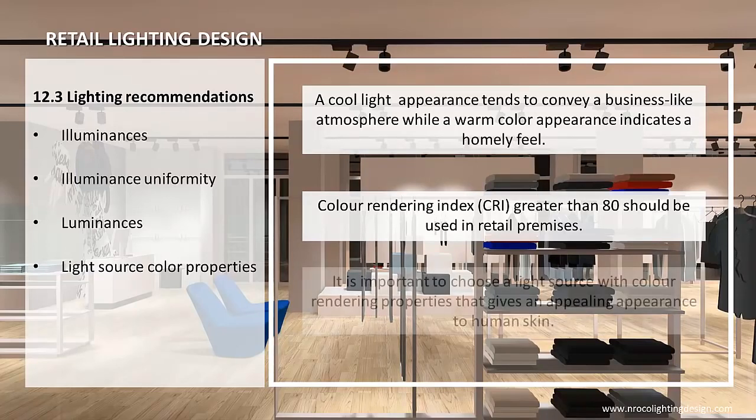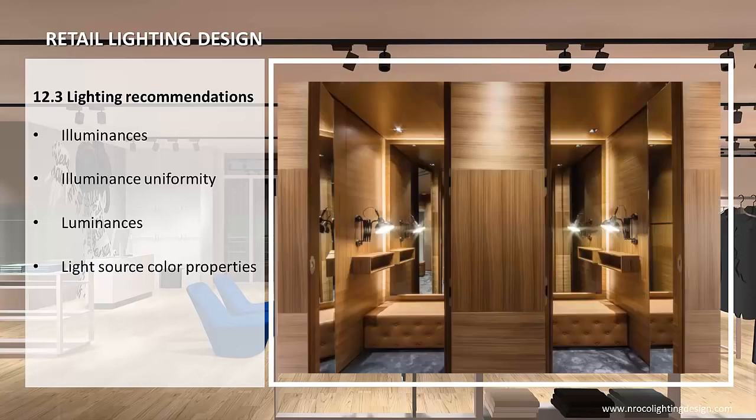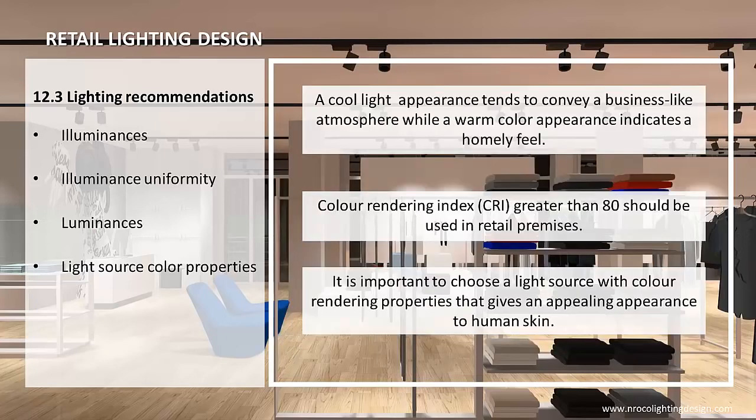In other shops, it will be important to choose a light source with color rendering properties that gives an appealing appearance to human skin, particularly in areas where an individual's appearance may be closely examined, for example, fitting rooms. While the CIE General Color Rendering Index is a useful guide, the final choice of light source is best made by viewing the lit objects of interest.